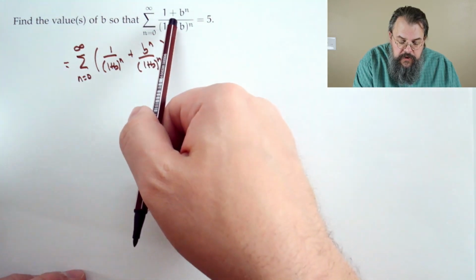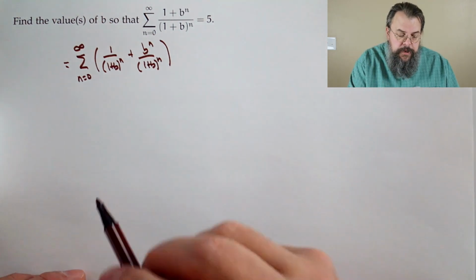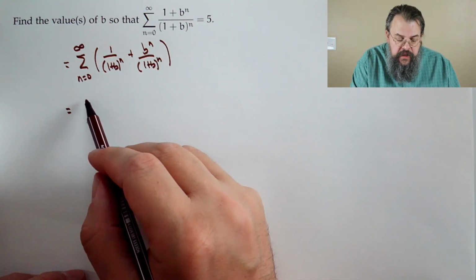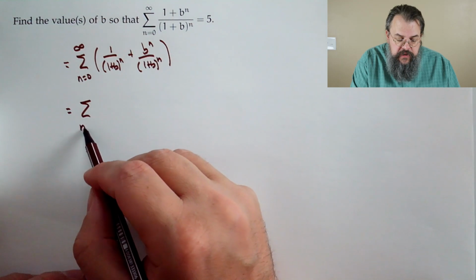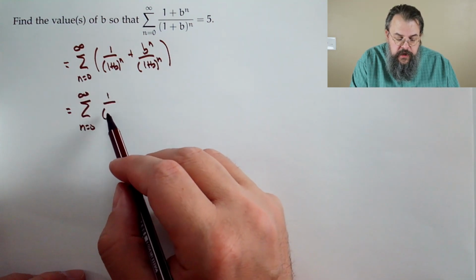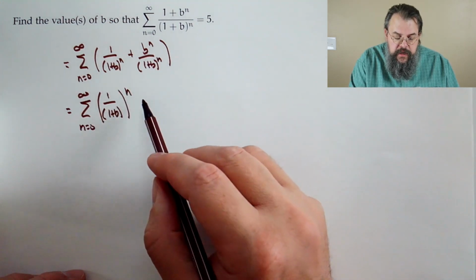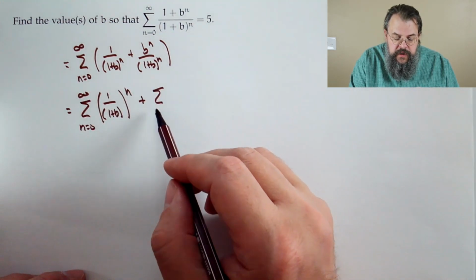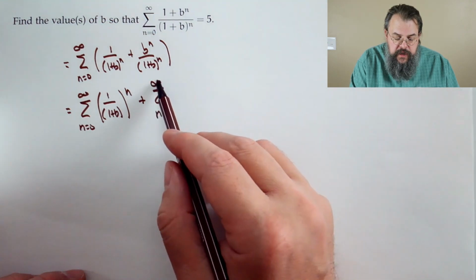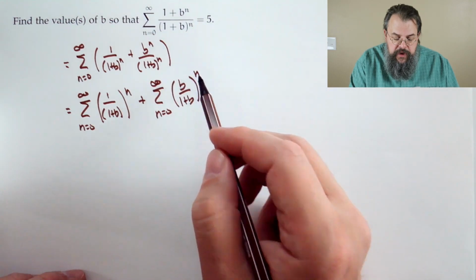So I'm using the fact that I have addition in the numerator. That lets me break things up. So we'll say this is the sum 0 to infinity of 1 over 1 plus b, and actually we'll just raise that to the whole power n, plus the sum n equals 0 to infinity of b over 1 plus b raised to the power n.